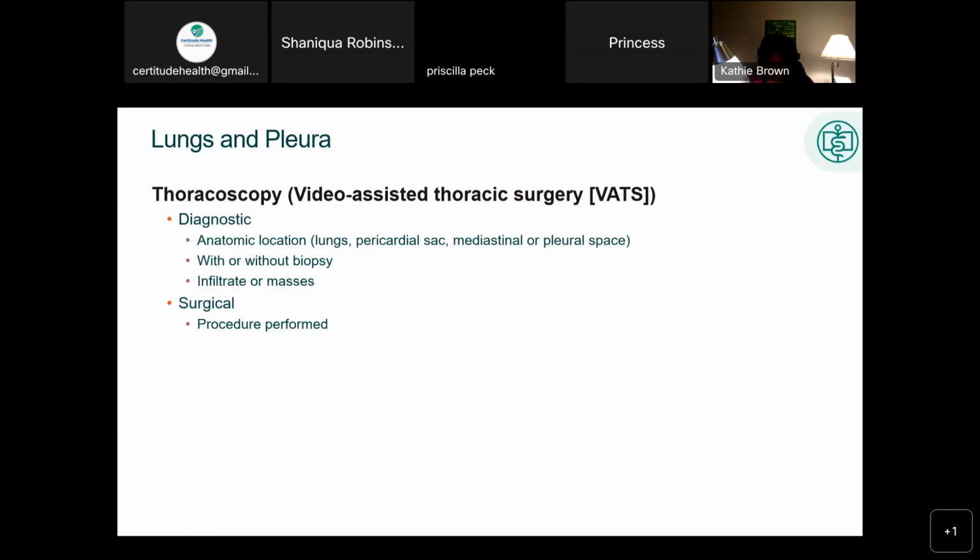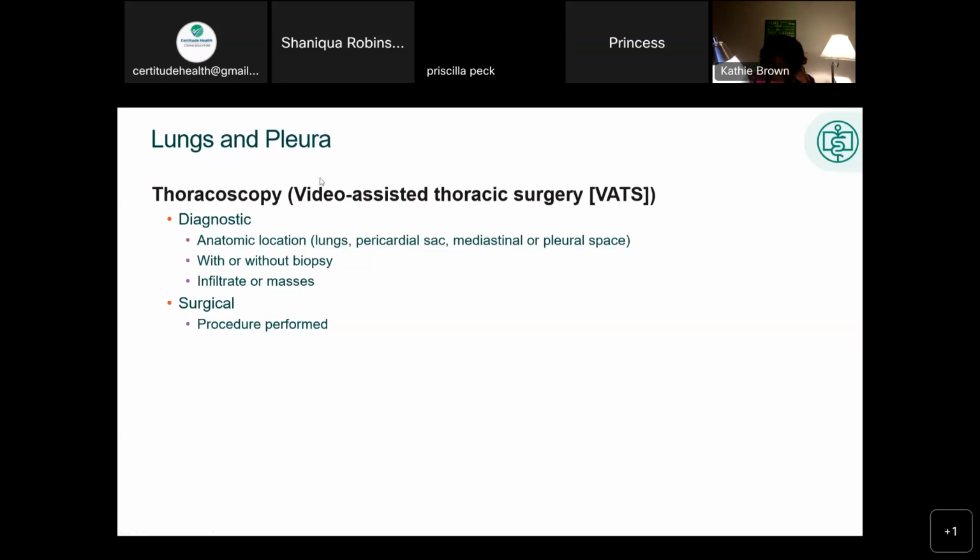With these, they are using the camera because in the video, it's a better visualization in order for them to be able to see, because our lungs are a vital organ. So if there's anything in there that doesn't belong, it's definitely going to affect the patient. In any mass or cancer, they want to ensure that they get it out as quickly as possible, and that it's safe to remove without doing further damage to the patient.